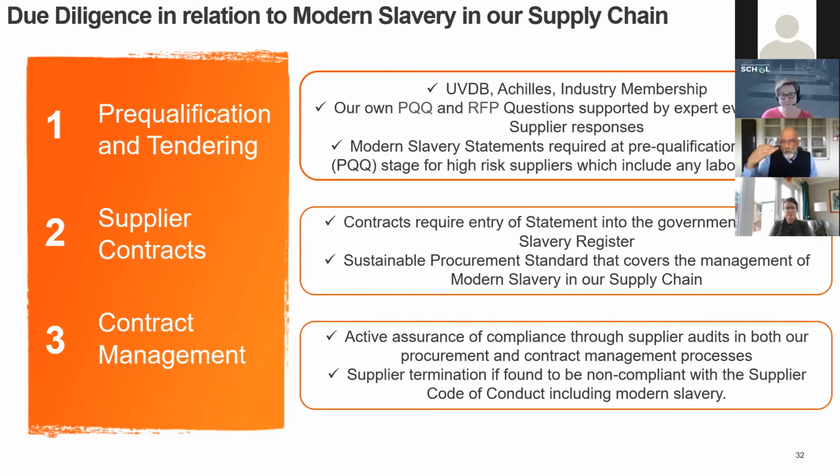And those questions are very clearly intended to bring out modern slavery examples, if there are any, from the supplier side, and then allows us to do something about it. The statement required at pre-qualification stage also, if we come across a high-risk supplier, we would actually take action there and then and stop them from continuing with the process.